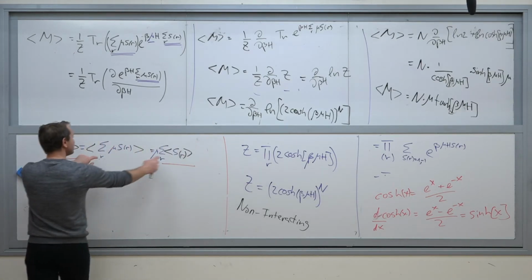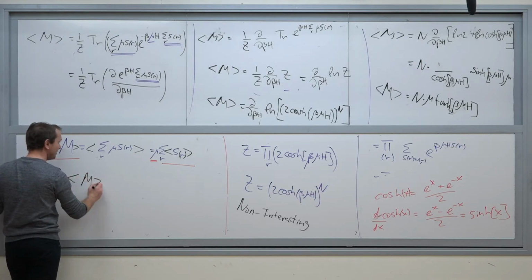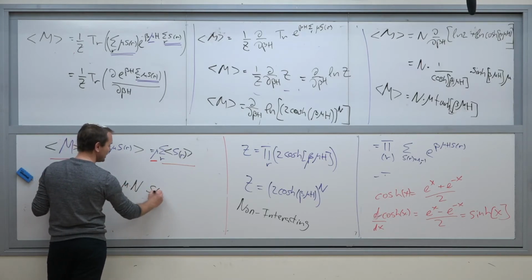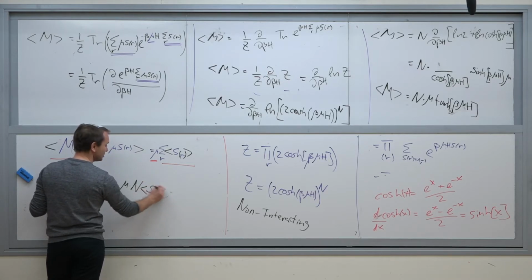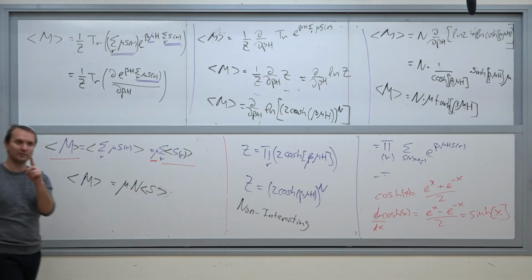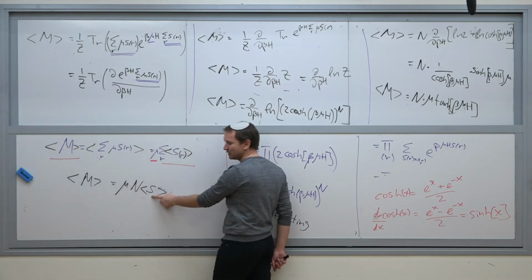So for the non-interacting picture, I should get that the average M from this perspective is mu multiplied by n multiplied by S average. What is S average? It is the average value of a spin. For each spin, there is some specific average value.